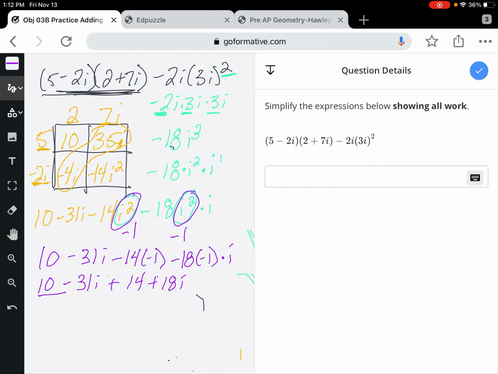I then combine my like terms. 10 plus 14 is 24. Negative 31 plus 18. Actually, it should be negative 31. I apologize. That should actually be a positive 31. Sorry. This should be a positive 31. Positive 31 plus 18 is positive 49I. And I know that was distracting. I apologize.